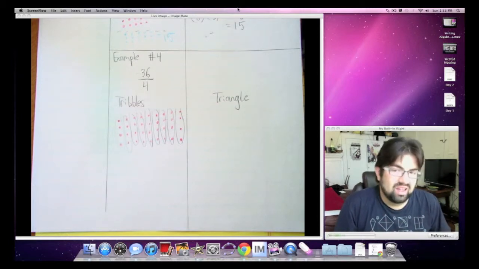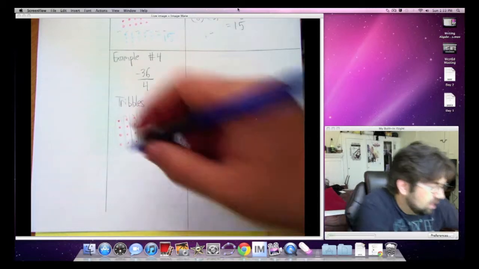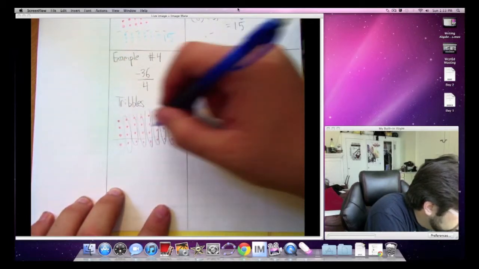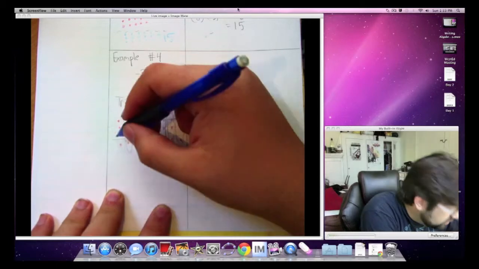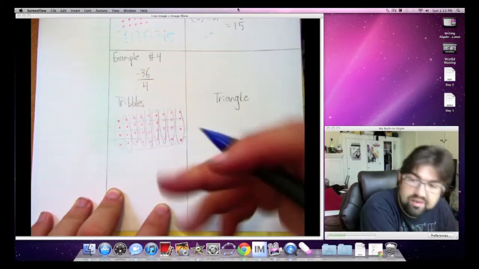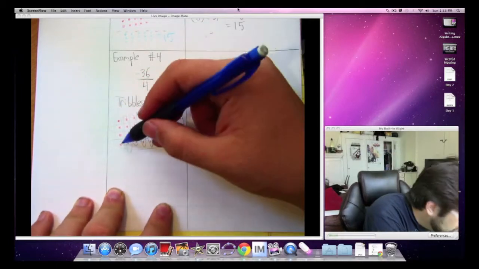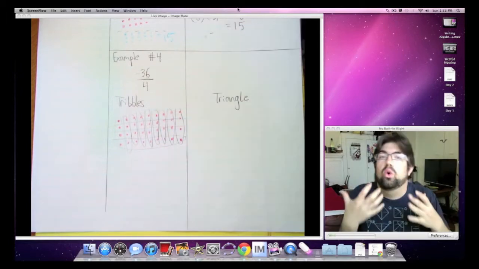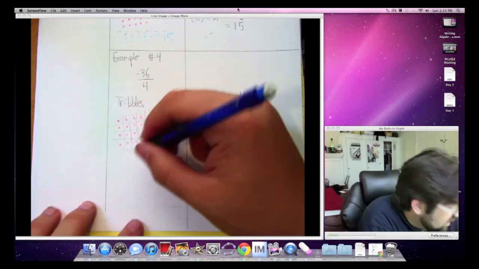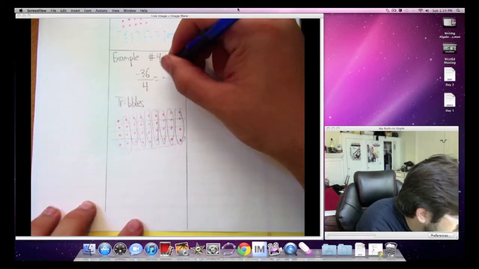So I actually don't like counting the groups like that. What I say is, if I break this into 4 groups like this, how many are in one of these groups? And if I look right here, what do I have in that one group of 4? 1, 2, 3, 4, 5, 6, 7, 8, 9. And they're all negatives, so it's negative 9. So this is equal to negative 9.